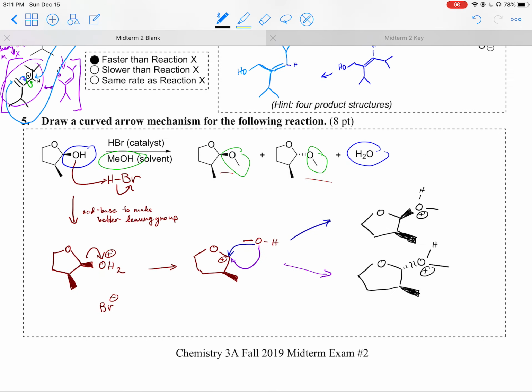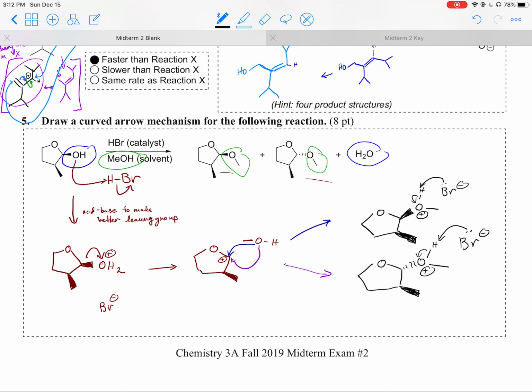And then lastly, we have the bromide ion. And the HBr was supposed to be a catalyst, which means that we're supposed to get it back at the end. So we're going to have that bromine deprotonate that hydrogen. And we're going to have another bromine deprotonate this hydrogen.